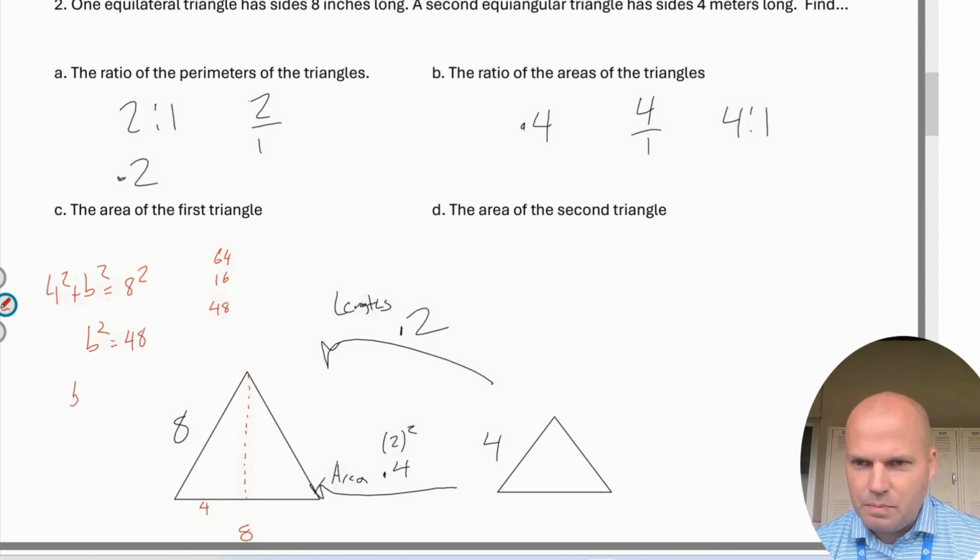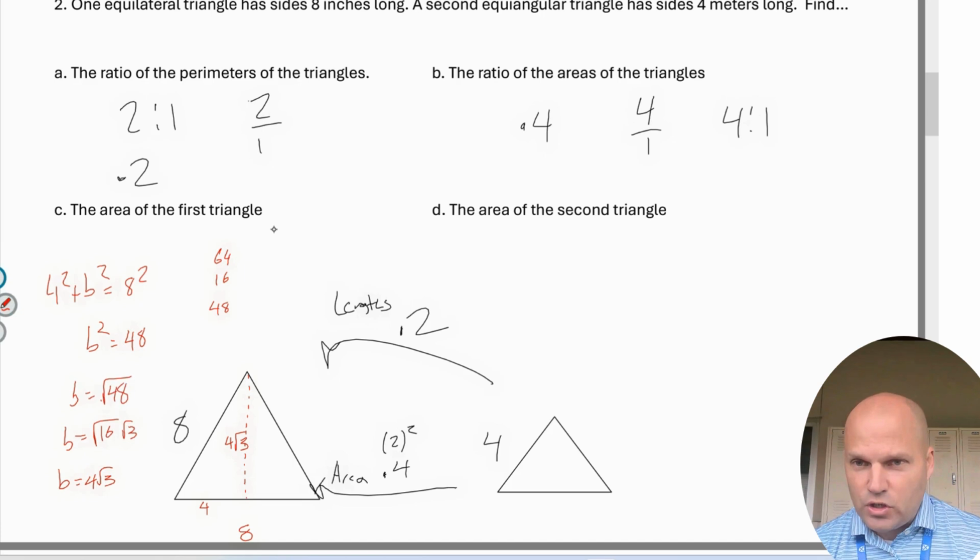And that is going to be b equals root 48, which I can simplify to be root 4 root 12, which is actually root 16 root 3. And I realize b is 4 root 3. So this is 4 root 3, but maybe it's easier to use root 48 in your calculations.